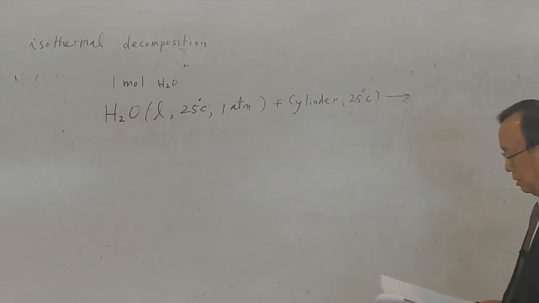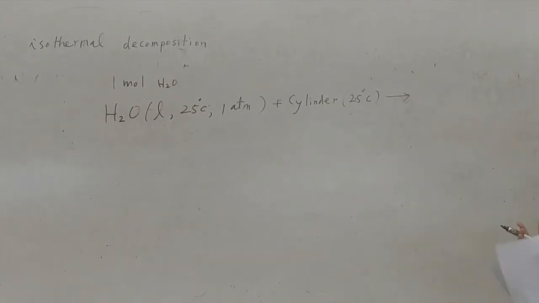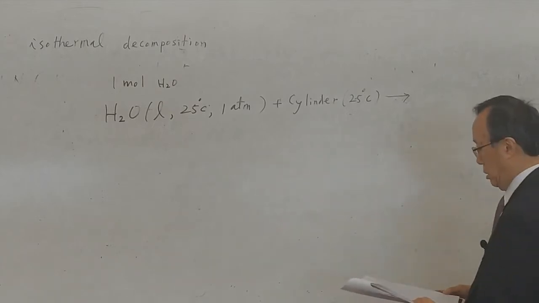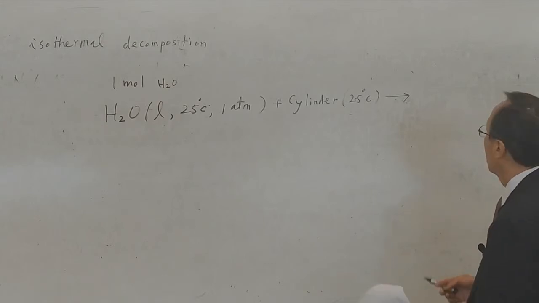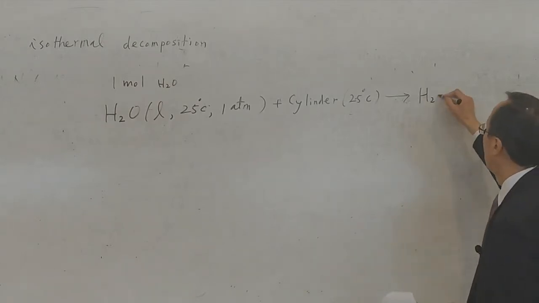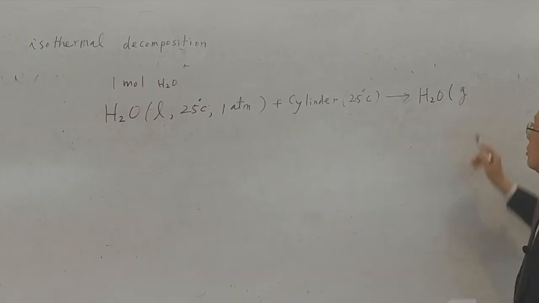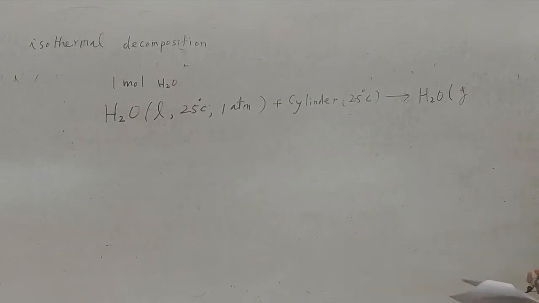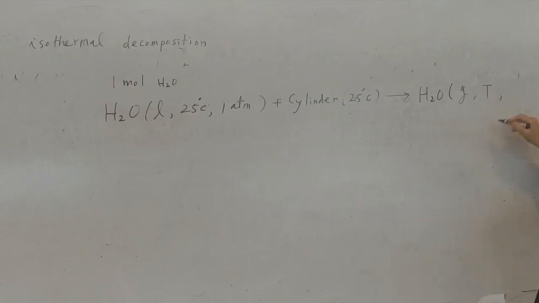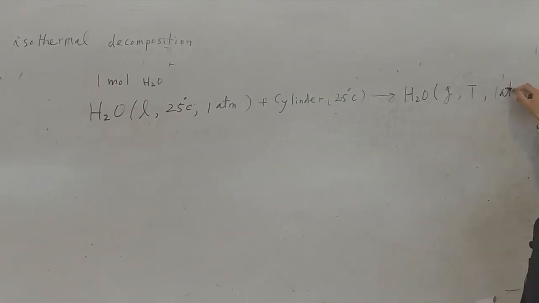We are under the same pressure. This becoming H2O gas state, so all the water was evaporated into the gas state. We don't know at what temperature, and the pressure is the same.